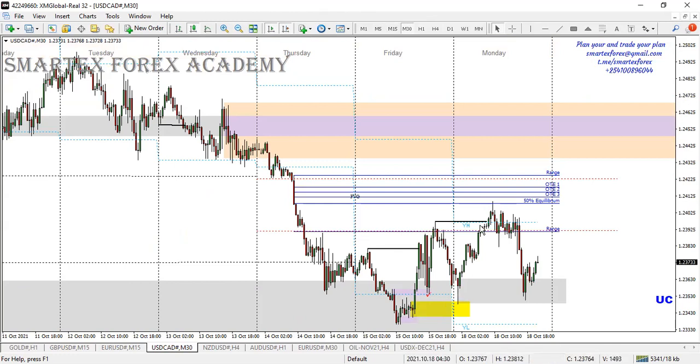After the break of structure, we expected the target to go back to the order block. But what happened? This void here that was expected to be covered, they filled to 50%. If you place our fib from this high to this one, our 50% is here. These guys covered 50% of the fair value gap that we expected to be fully filled, but they filled halfway and got a reversal.